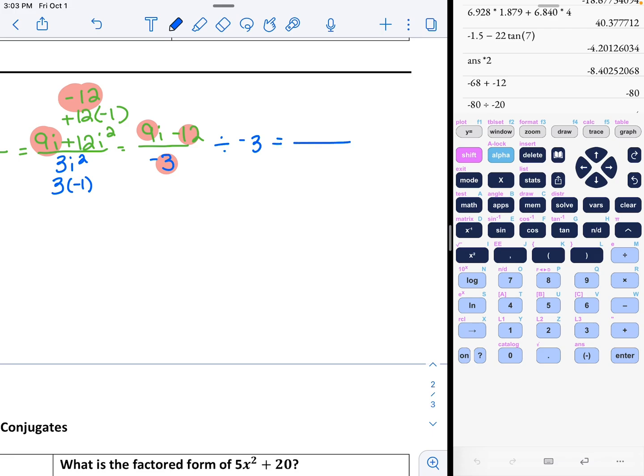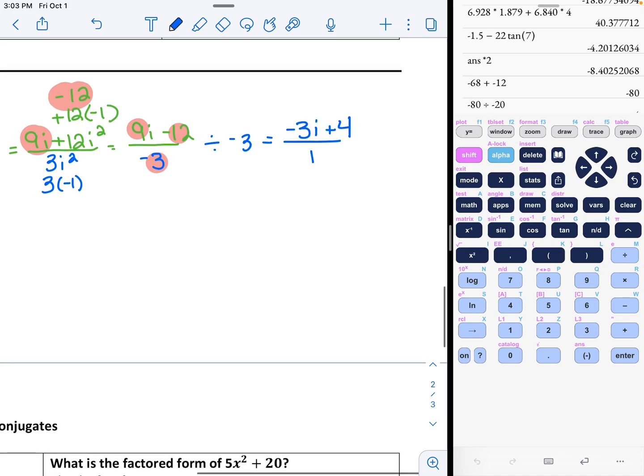So if I divide 9 by negative 3, I get negative 3i. If I divide negative 12 by negative 3, I get positive 4 over technically a positive 1, which hopefully you guys remember, when we write something over a positive 1, it's not really needed. So there's our solution. Again, you could write it as 4 minus 3i if you'd rather write it in a different order.